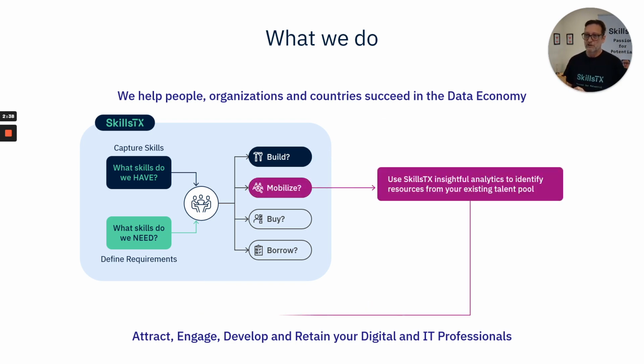Mobilizing skills: if we know what your complete skill inventory is, we can provide you with the analytics to find the skills across your organization and tap into existing skills. Based on the premise that people are not just a construct of their job title, people acquire skills in all different ways, and we uncover that.